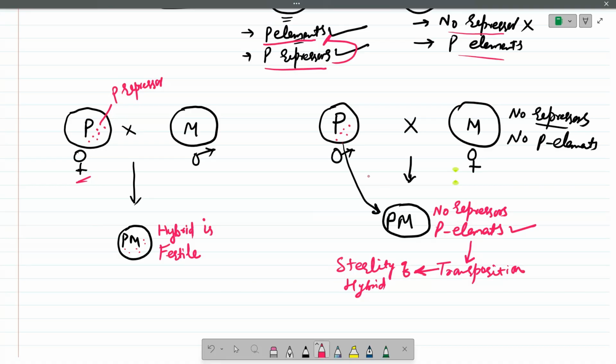While in case of the reciprocal cross, where you take P cytotype as the male and M cytotype as the female, there will be no repressors in the female parent, and thus no repressors in the hybrid as well. But this hybrid will inherit P elements from the male. These P elements will undergo transposition and will cause sterility of the hybrid and will cause hybrid dysgenesis.